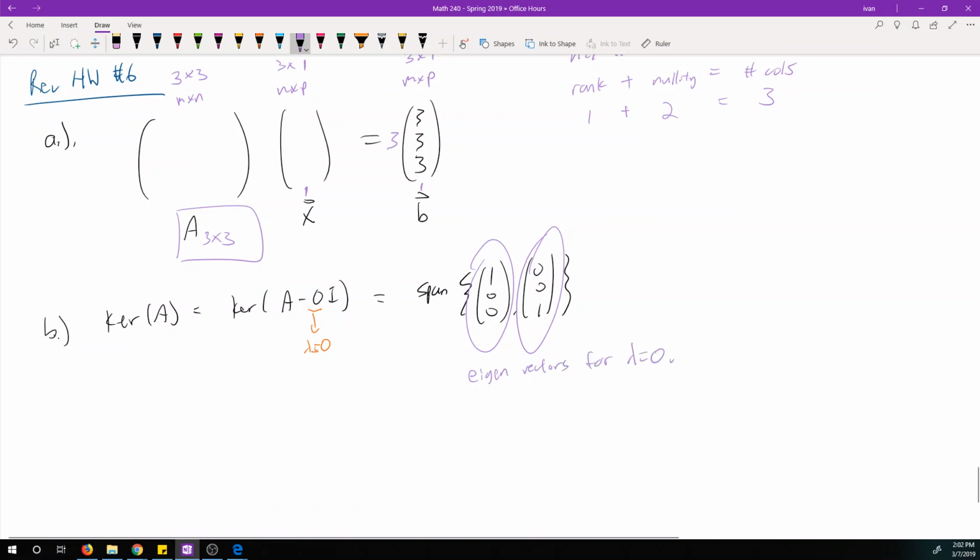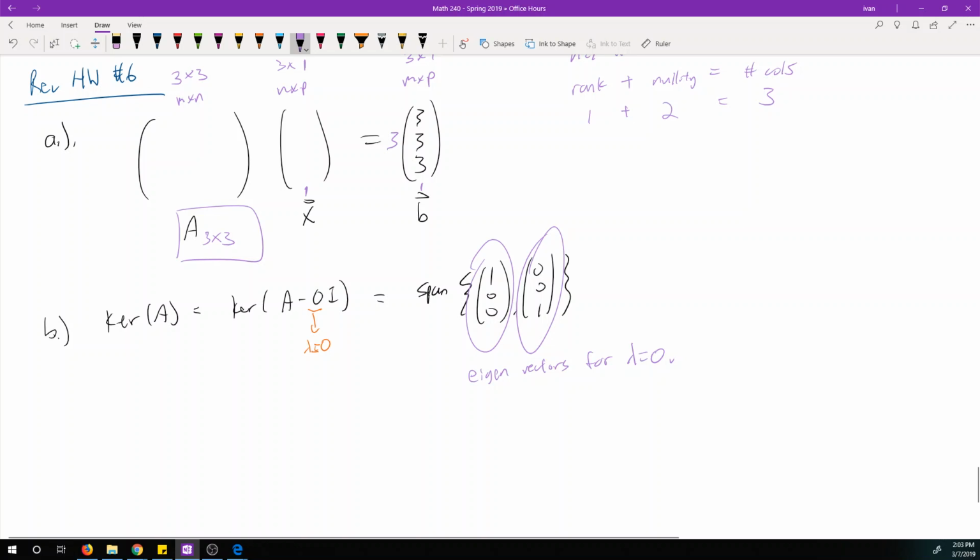They also happen to be in the kernel of A and span the kernel of A. But the kernel of A is the kernel of A minus 0I, which is what we have written here, so they're the same thing. Those are 2 eigenvectors right there. We have the eigenvalue lambda equals 0 with geometric multiplicity 2. And we just have to make sure that the algebraic multiplicity isn't 3, since A is 3 by 3.